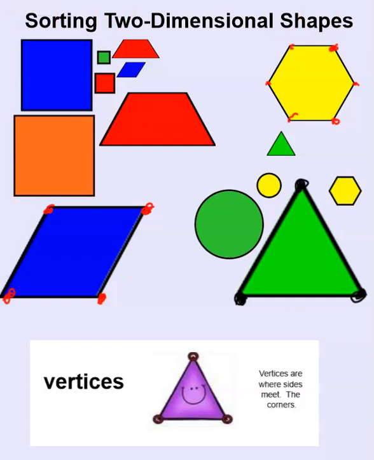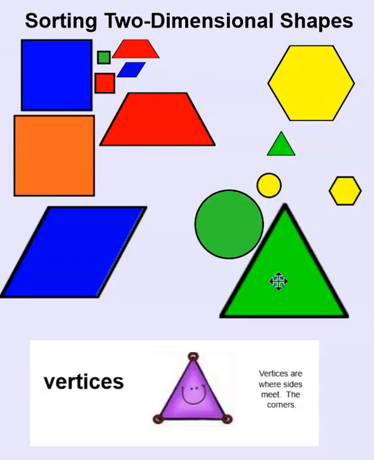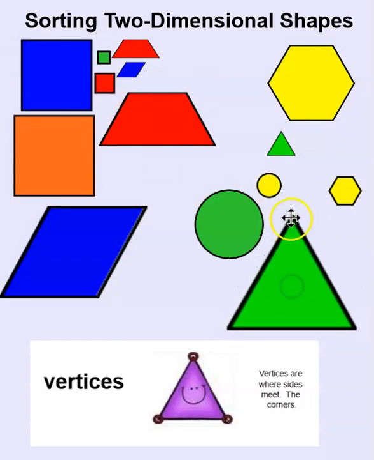Let's do that. So let's erase these. And let's sort. This will be fun. So how many vertices did the triangle have? 1, 2, 3. All of our triangles will have 3 vertices. Are there any more shapes that just have 3?